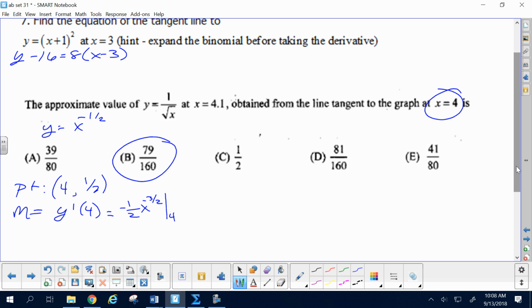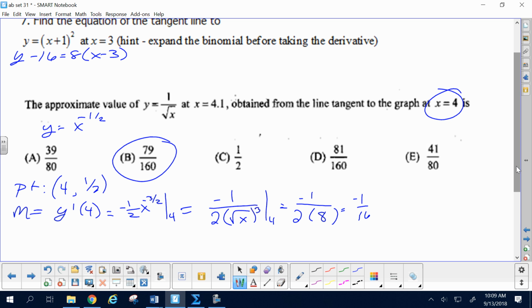That's pretty ugly. Let's proceed on and rewrite this. Negative 1 over 2. The negative exponent means denominator. The half means square rooting. And the 3 means cube. So all that algebra skill then takes me to the fact that the slope is negative 1/16. Are you with me on the slope?